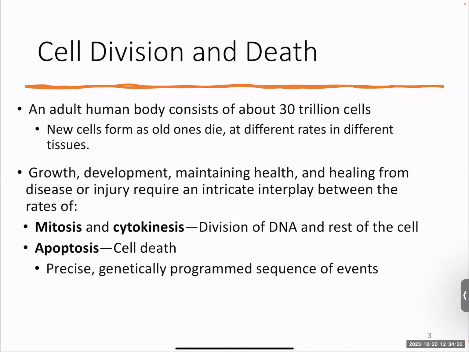Versus meiosis, where we're creating four cells that are not identical to one another, which is eventually used during gamete development and creating offspring from the parents. Again, this lecture is focusing on cell division related to mitosis of the somatic cells.